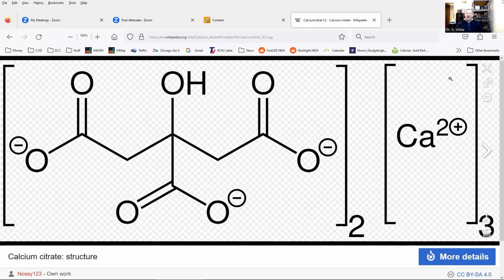If you look at the screen right now, you'll see from Wikipedia the structure of what's called calcium citrate. Whenever you're taking a calcium supplement, the majority of them are calcium citrate. Now, I'll teach you more about this, but if you look on the right, you'll see this molecule contains calcium +2 cations.